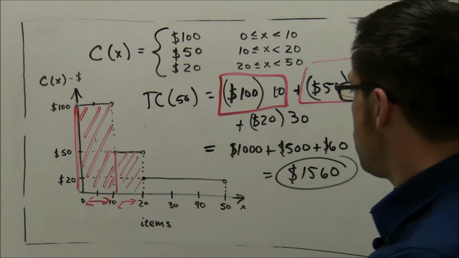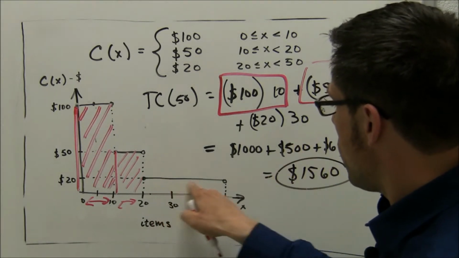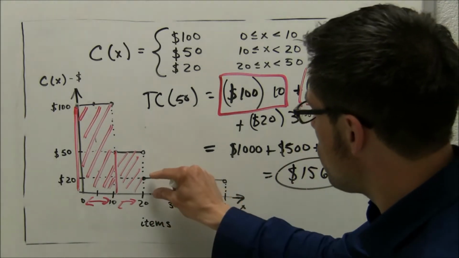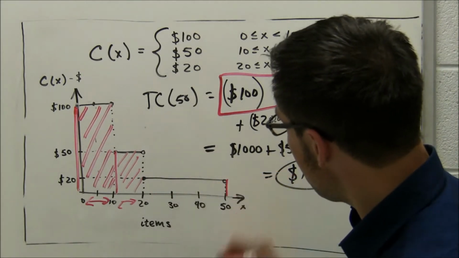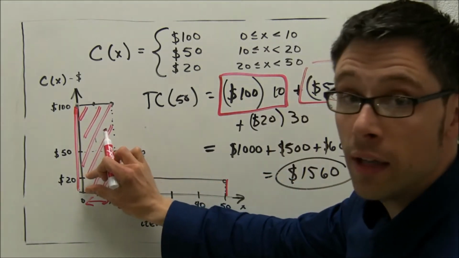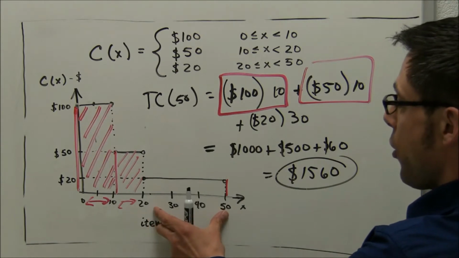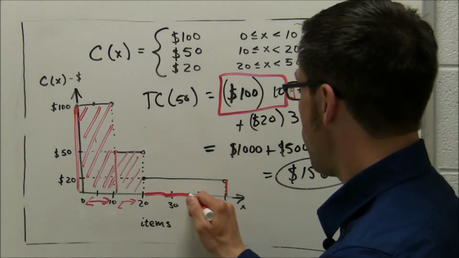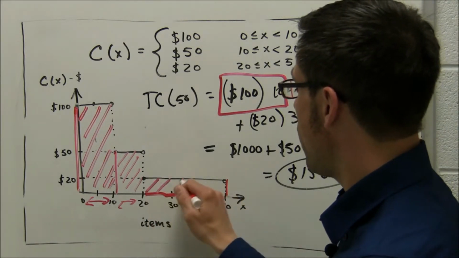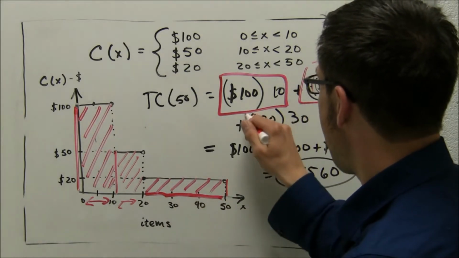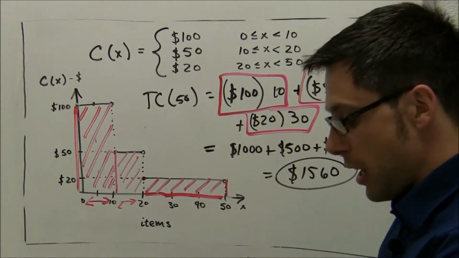And similarly, geometrically, we can think of the area of this little box here as $20, which is the height. It has a height of 20 on the Y, and a length of 30. 10, 20, 30, a length of 30. That's the area of this box.